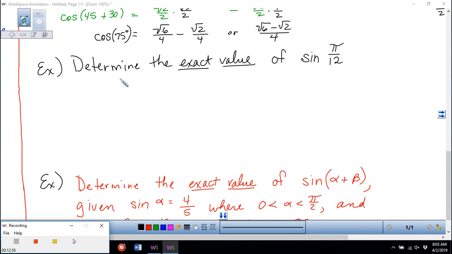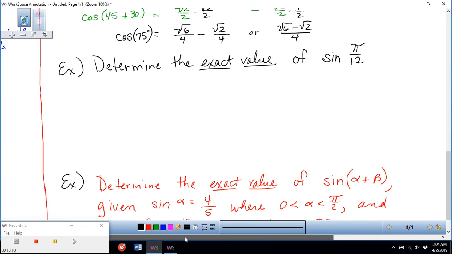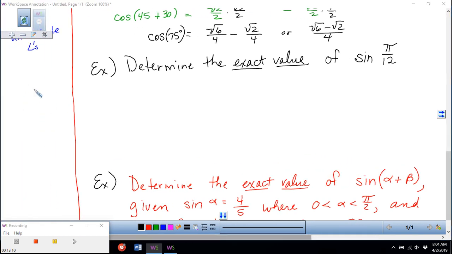In the second example, we want to determine the exact value of the sine of pi over 12. So the first thing we do is we recognize that pi over 12 is in radians, and so on this one I'm going to be working with my unit circle in radians.